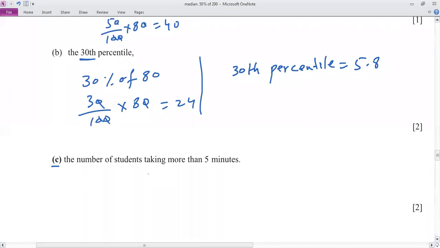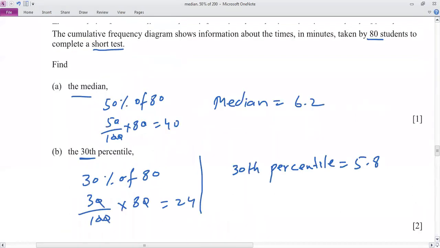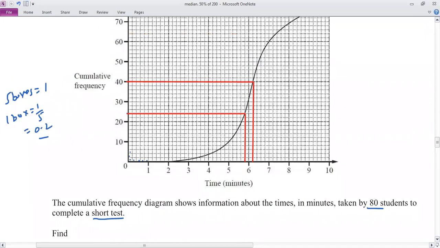And then the number of students taking more than 5 minutes. So come to 5 minutes here, and from here draw the line where it touches the curve. From there, draw the straight line. These will be less than 5 minutes, and all others are more than 5 minutes.